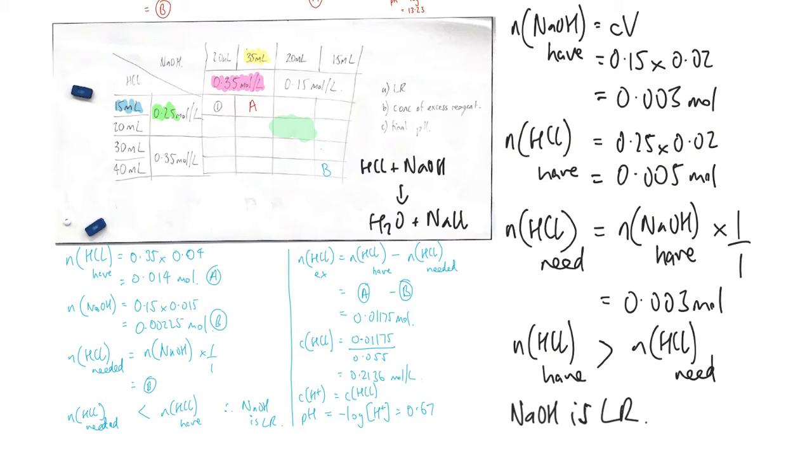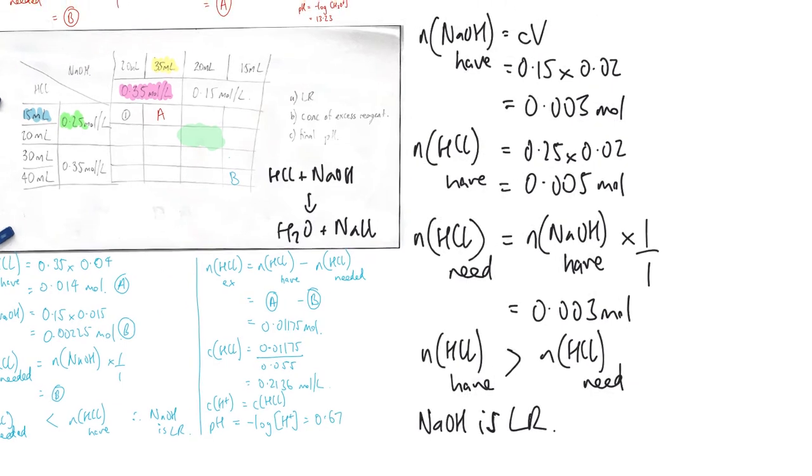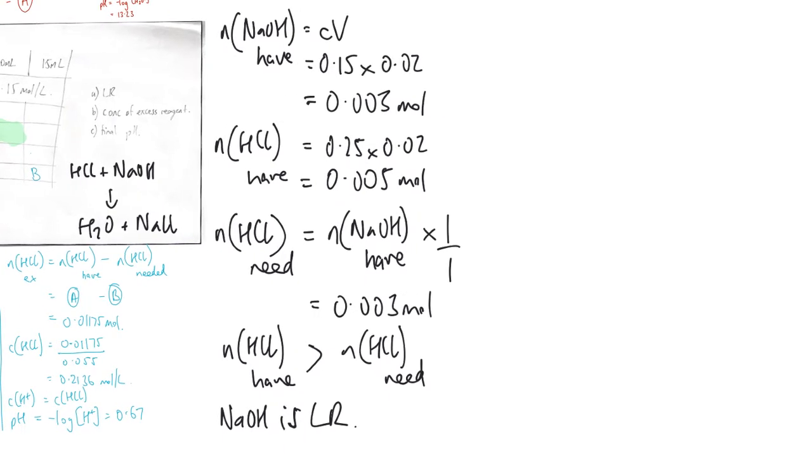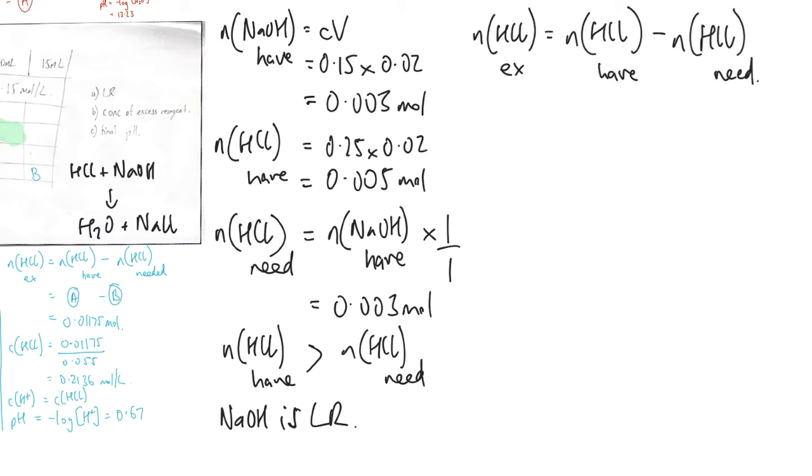So the number of moles of HCl in excess will be equal to the number of moles of HCl that you have, subtract the number of moles of HCl that you need. Now you might not have solved this value, because when you do this calculation you can choose either of them.